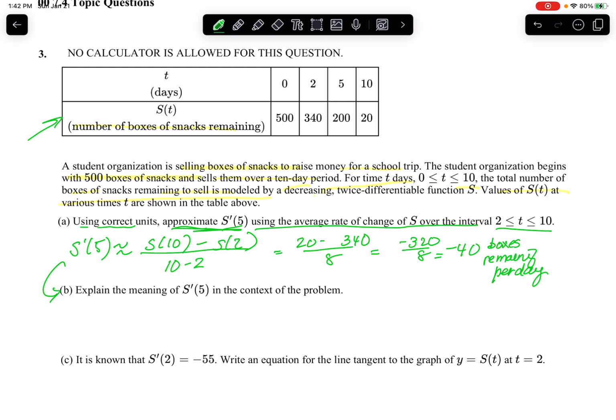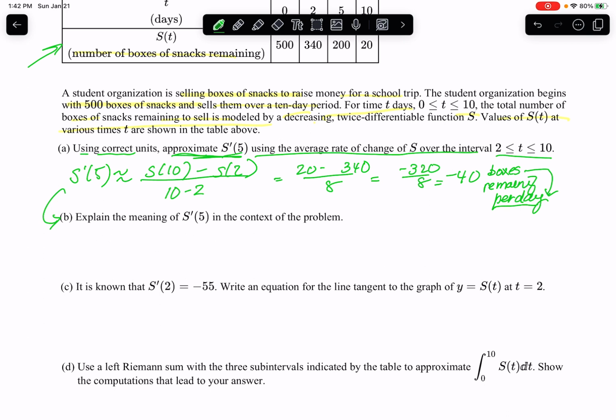That's the rate that we would have. Average rate of change, boxes per day, boxes remaining per day. It's just weird units, when it's this kind of thing versus velocity or something.